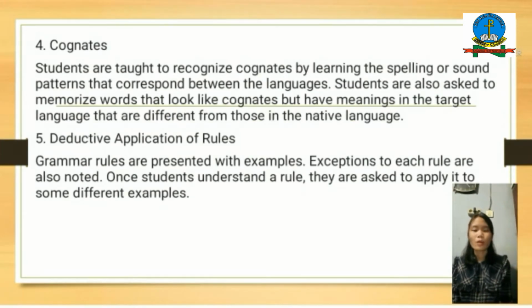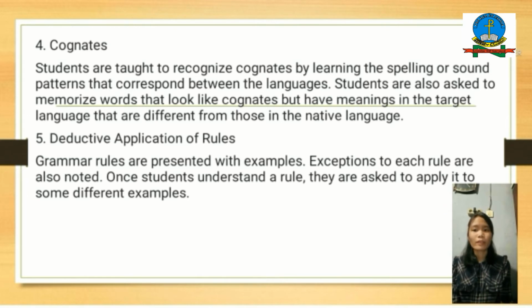Number 4 is cognates. Students are to recognize cognates by learning the spellings or sound patterns that correspond between the languages. Students are also asked to memorize words that look like cognates but have meanings in the target language that are different from those in the native language.